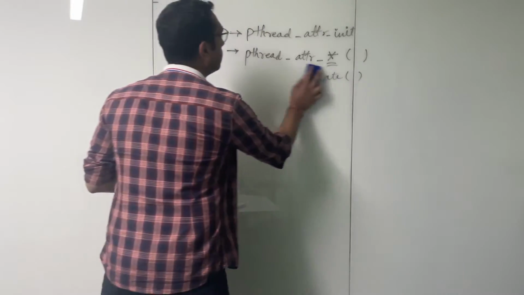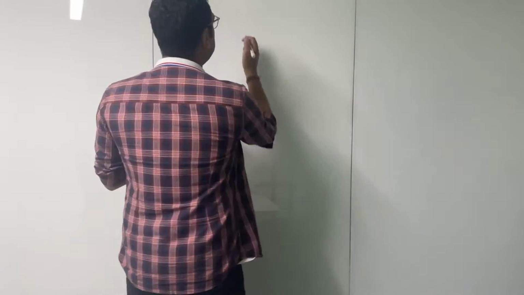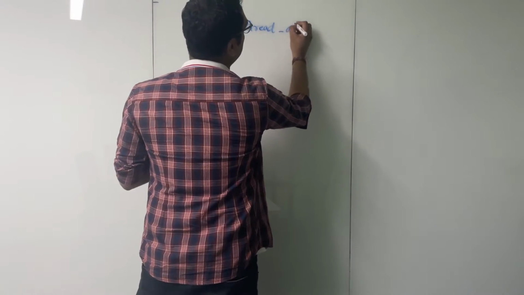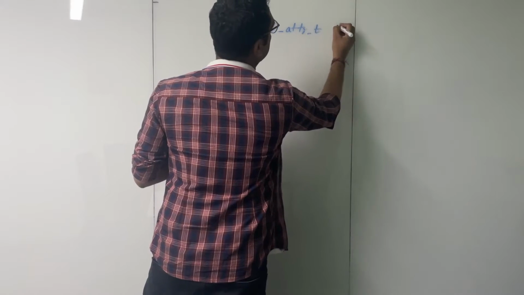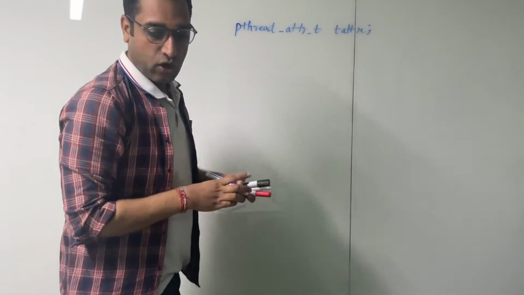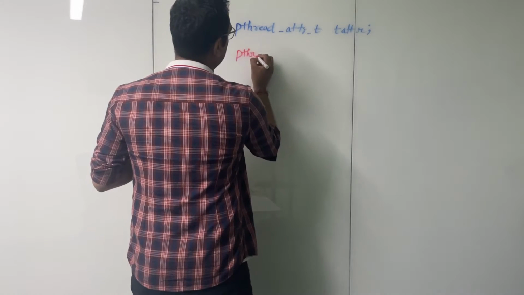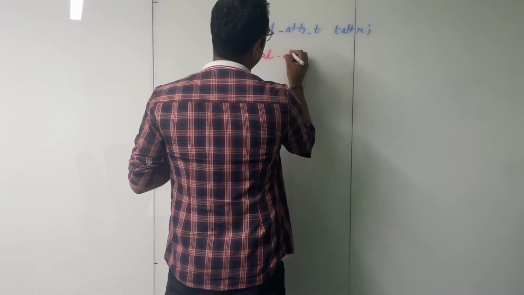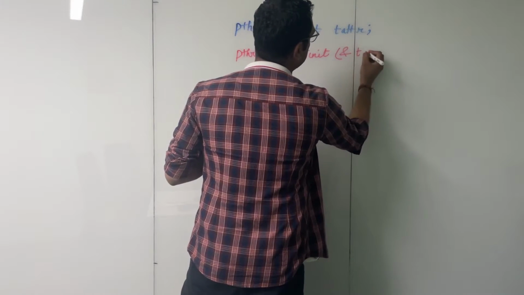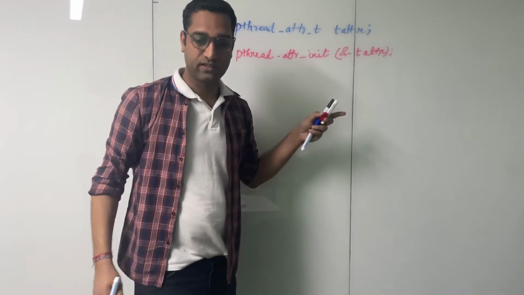In general, the code would go basically like this. You will create a pthread_attr_t object, let's say tattr. You will create this object, you will initialize this object, pthread_attr_init(&tattr). Using this function, we covered this in the previous video also.